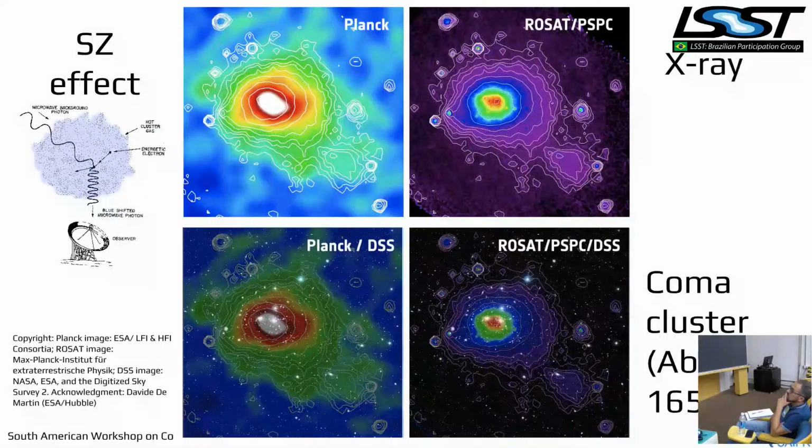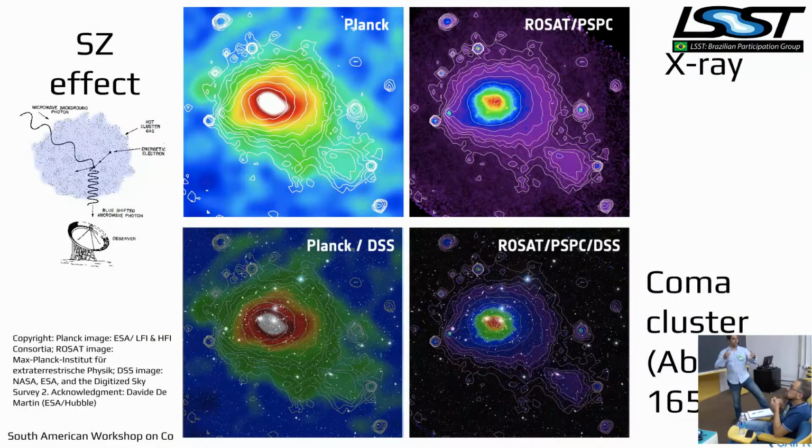But there are other ways to find clusters, right? For instance, cluster galaxies are, of course, overdensities of galaxies, right? But also inside this cluster, you have a lot of hot gas, right? A lot of hot gas over there, which you can observe in X-ray. And here is an image in X-ray.